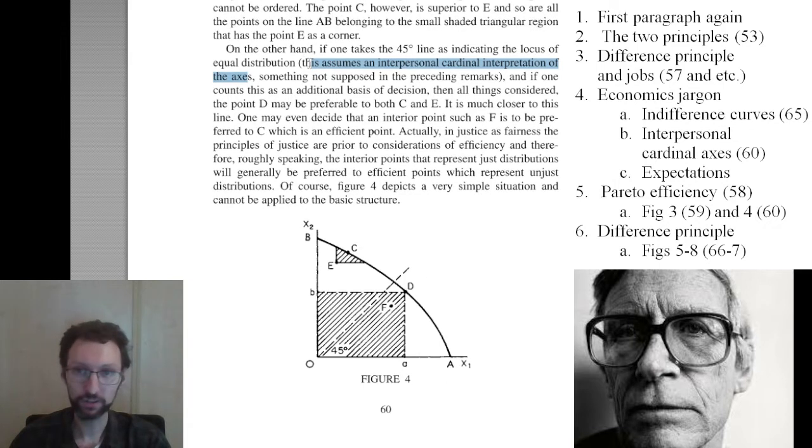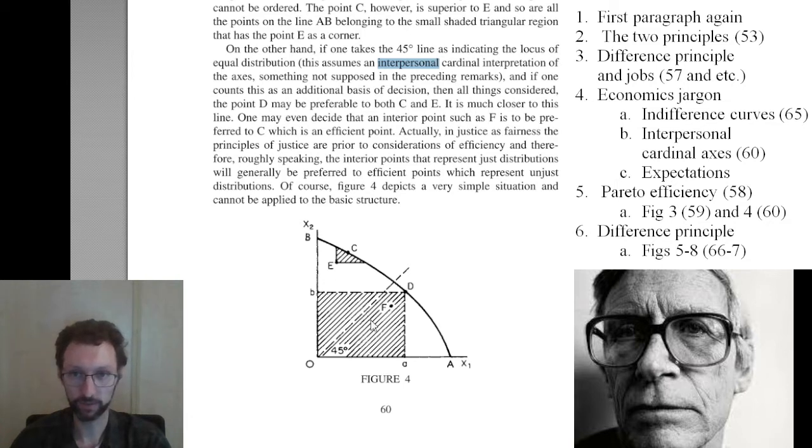When we say these are interpersonal axes, what we mean is that the two axes measuring x1 and x2 can be compared against each other. So when we put them on the chart, going up is good for x2 and going to the right is good for x1. Going up and to the right is good for both of them. Going down and to the left is bad for both of them.